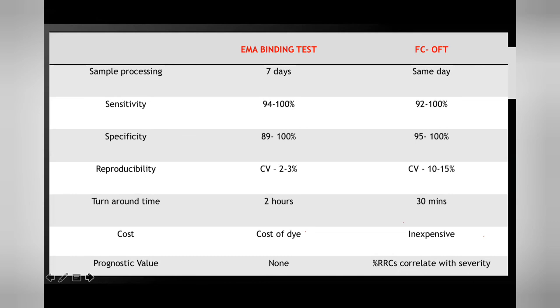In flow cytometric osmotic fragility, we are just using distilled water and nothing else, so it's a very inexpensive investigation. If you already have a flow cytometer in your lab, then there is no harm in doing it. You need nothing else. And the percentage of residual red cells also correlates with the severity, so that is an added advantage of doing a flow cytometry OFT. Next, please.